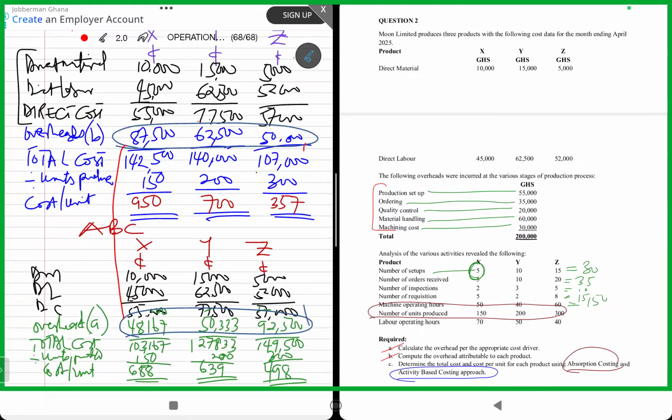Z under traditional absorption costing is 357, and under ABC it is 498. So they are all different. Are we okay? Practice to understand the concept.